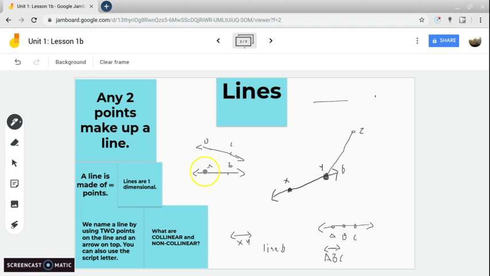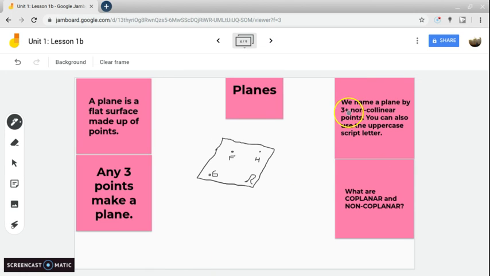Anyways, A and D are non-collinear because these are on separate lines.